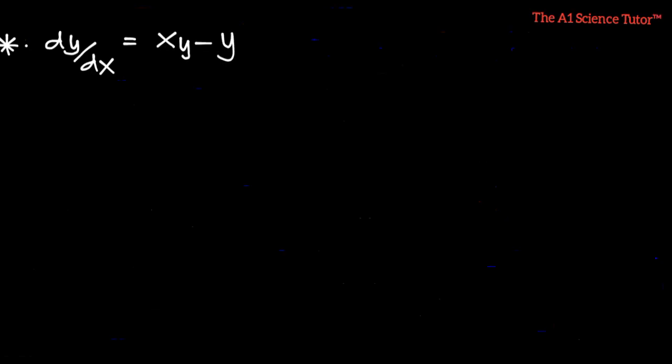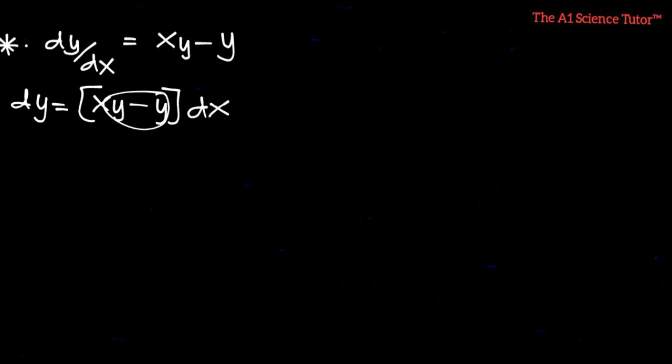What is going to be the solution to this differential equation? Now, of course, basically I'm going to take this and multiply through this side. So that is going to be xy minus y, and I'm going to have dx there.